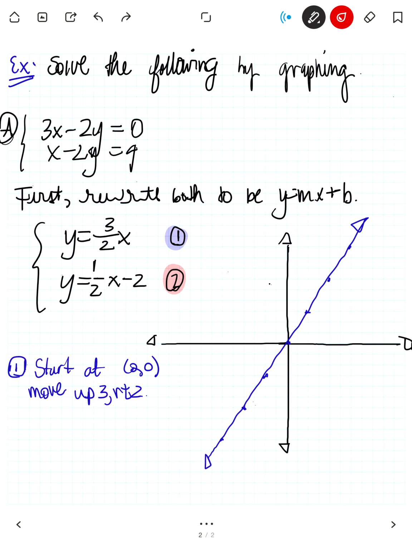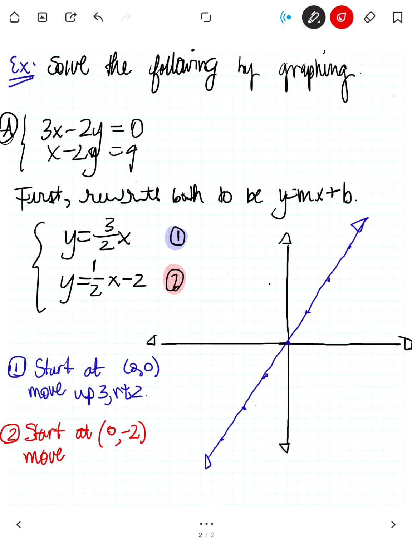Okay, for the red one, this has a b value of -2, so we start at 0, -2, and we're going to move.